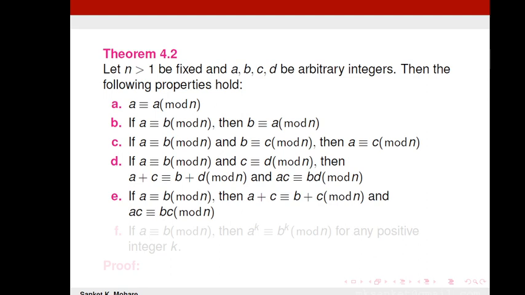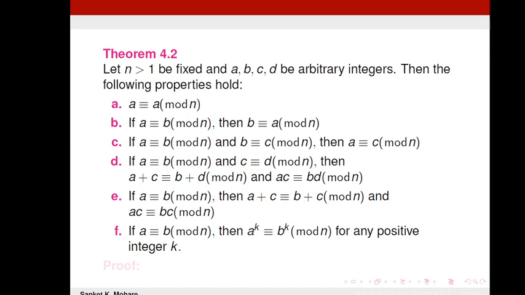Next property, if a is congruent to b modulo n, then a plus c is congruent to b plus c modulo n, and ac is congruent to bc modulo n. Last property, if a is congruent to b modulo n, then a to the power k is congruent to b to the power k modulo n for any positive integer k.